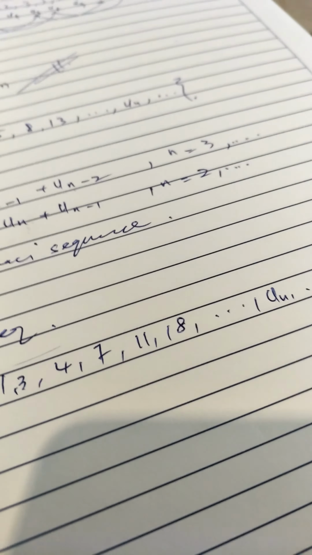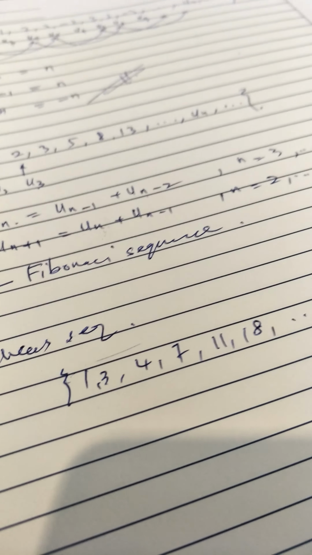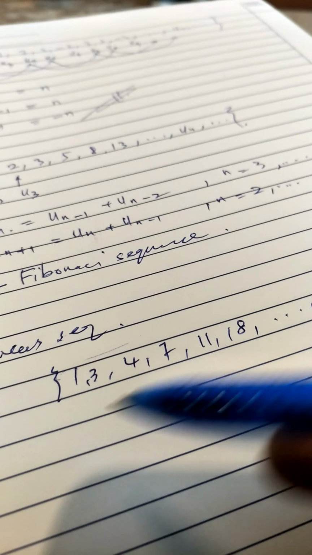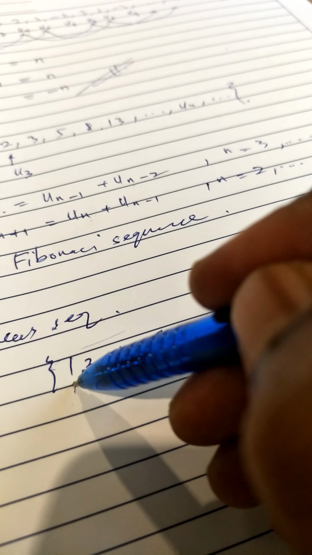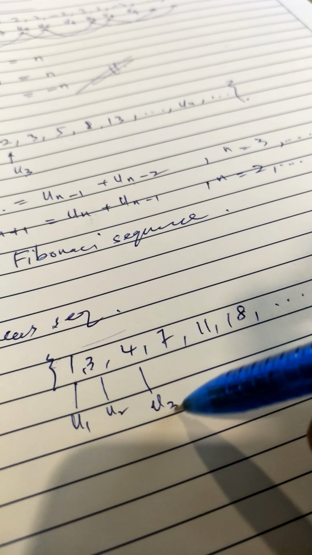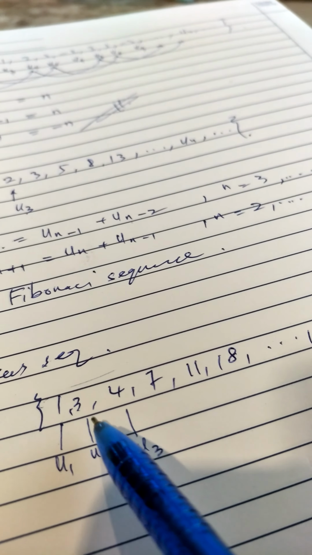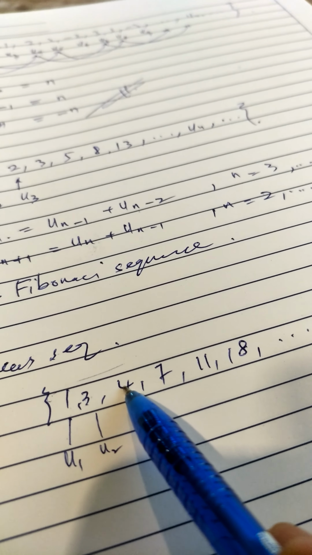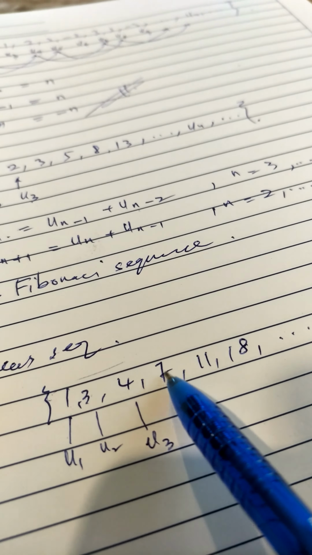You can find un there, right? Look at this, u1, u2, u3. Alright, so what we have here, you add up these two, you got that. For that, you add up these two, you got that, and so on.